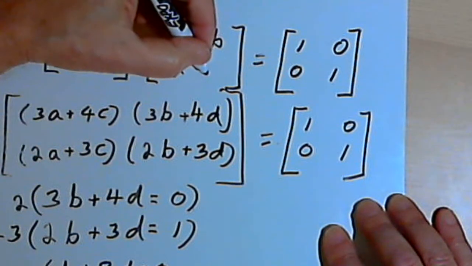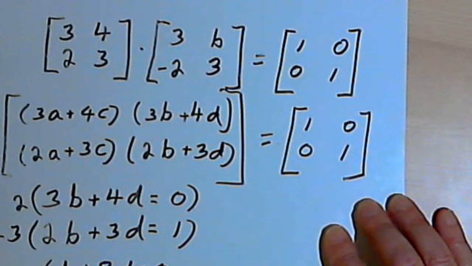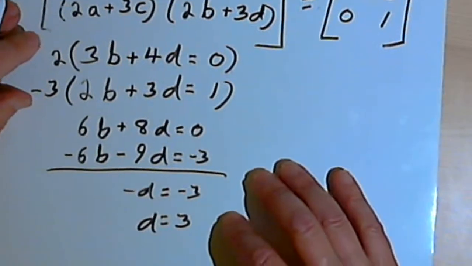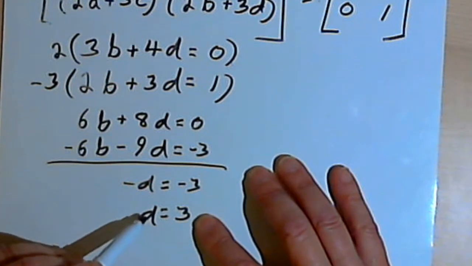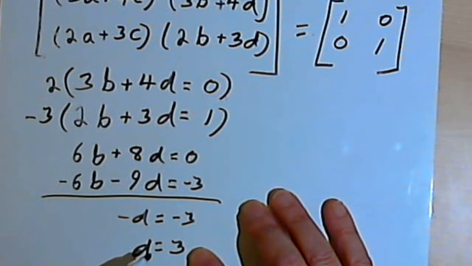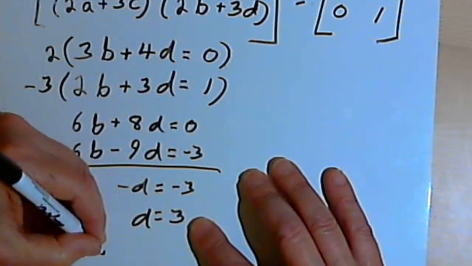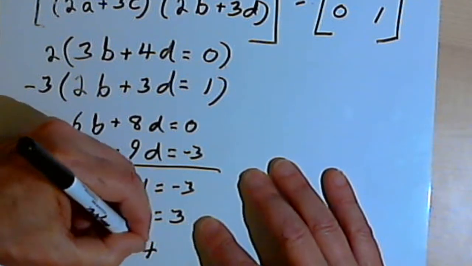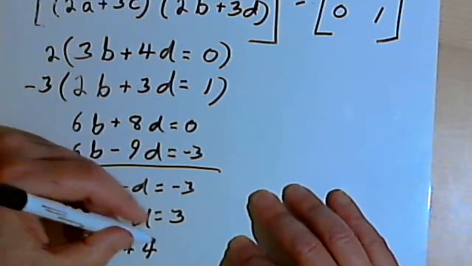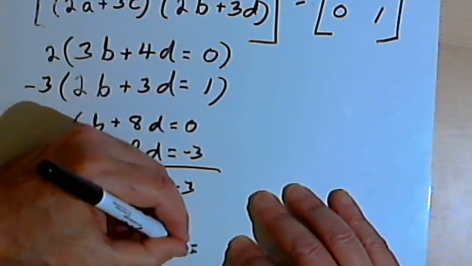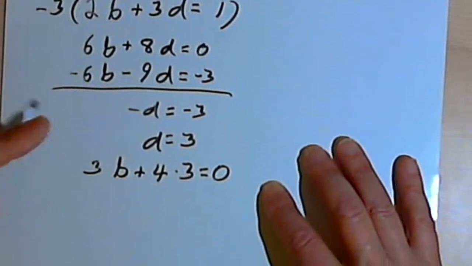I'll plug that into the inverse that I'm building. And now all I have to do is find B. So I can find B by substitution. I've got D equals 3. So let's go to this equation, 3B plus 4D equals 0. 3B plus 4 times 3 equals 0.